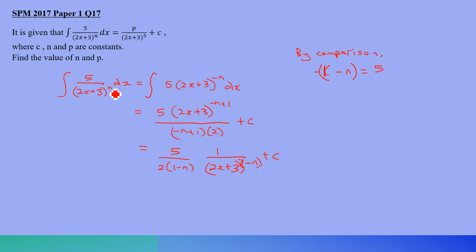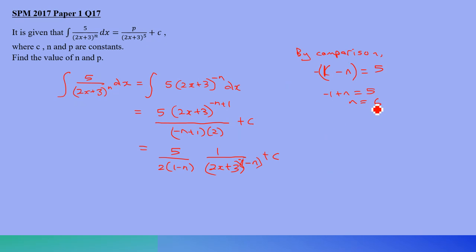Recall back, when n goes up, it becomes negative n. When you bring it down, it becomes positive n. So it's positive n minus 1, not 1 minus n. So we have negative 1 plus n equals to 5. So you get n equals to 6. So don't forget this is negative bracket 1 minus n because you are bringing it down.